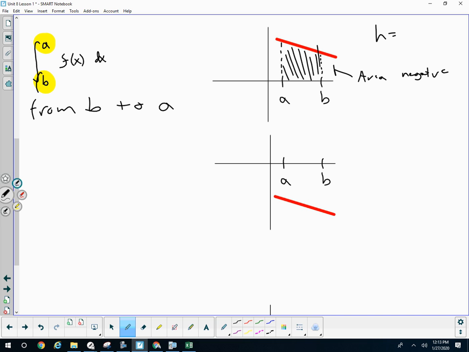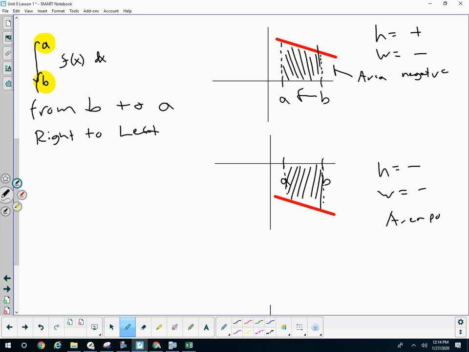It's because the heights are still positive, but since I'm going from right to left, my widths are going in a negative direction. So if I'm thinking of areas as heights times widths, positives times negatives, that's why my area is negative. Which means below the x-axis, I'd consider this from B to A to be positive. The heights are negative, but the widths are also negative. The area is positive.